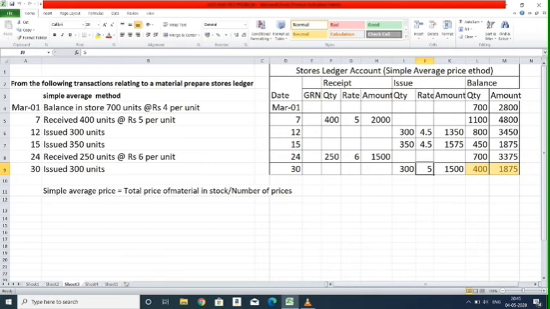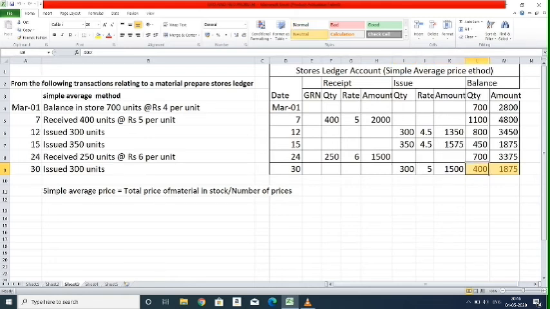So our issue rate is 4 plus 5 plus 6 divided by 3, as we have 3 prices. 15 divided by 3 is equal to 5. So our issue rate is equal to 5. 300 into 5 is equal to 1500.